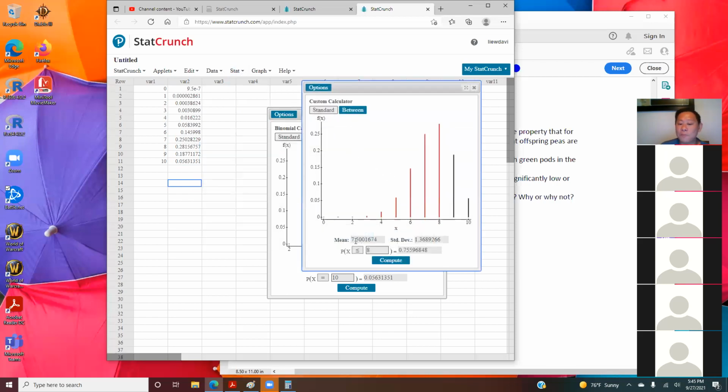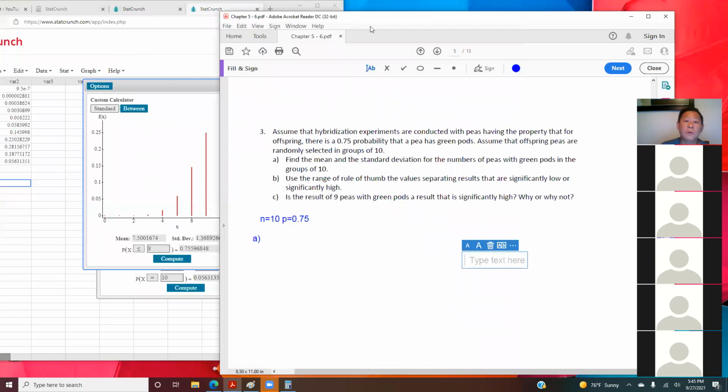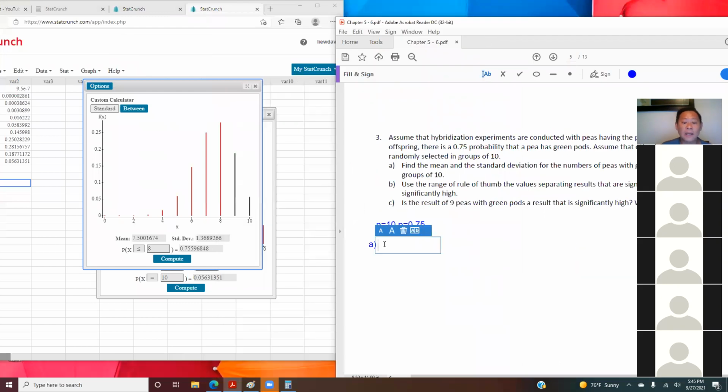And you get your mean, which is this one essentially. So in this case, this is the long way to do this. Your population mean is 7.5, and your population standard deviation is 1.369.